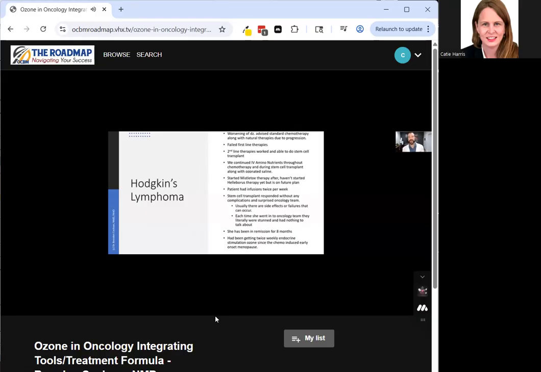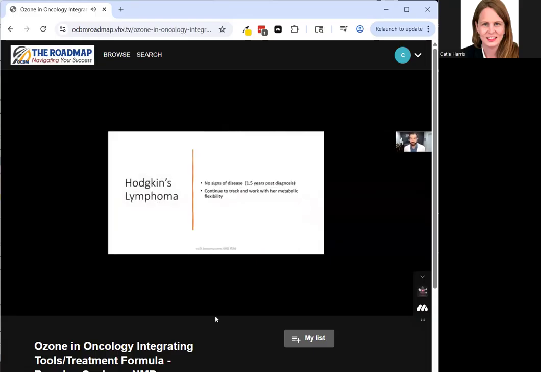The main thing was kind of cleaning her up and revitalizing and recharging her post-chemotherapy. As we know, the chemo put her into a menopausal state. So she's currently been in remission now for, at the time I wrote this, up to about almost 12 months. No signs of disease. And yeah, I would say it's up to 1.5 years post-diagnosis, so a little bit longer.